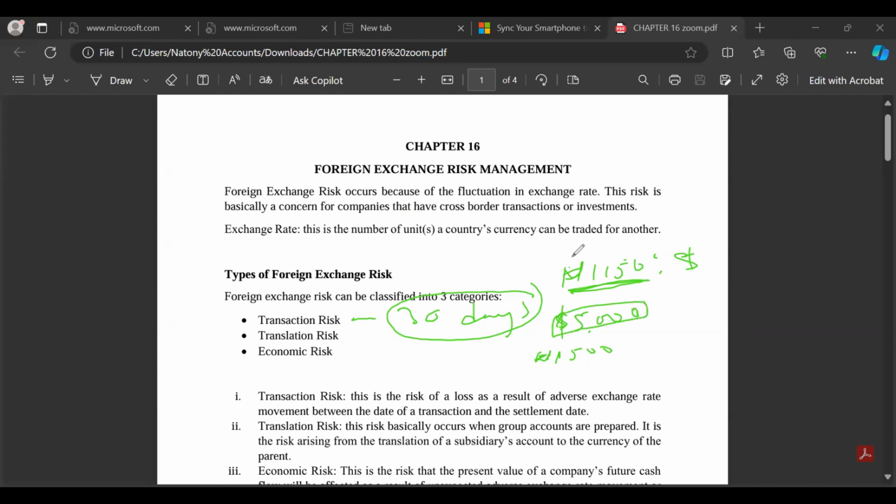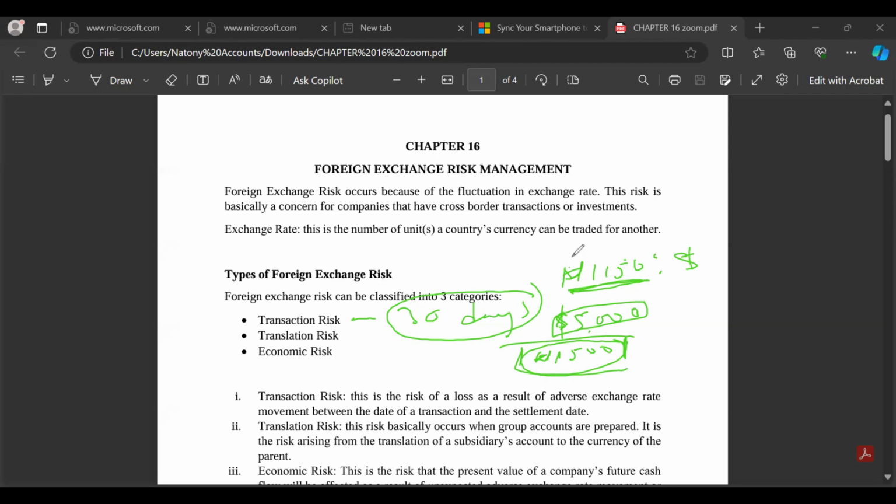It means that the company will need more naira to get the dollar as against 1,150. So when the currency moves adversely, the company loses. But if the currency moves in favor of the company, it gains.